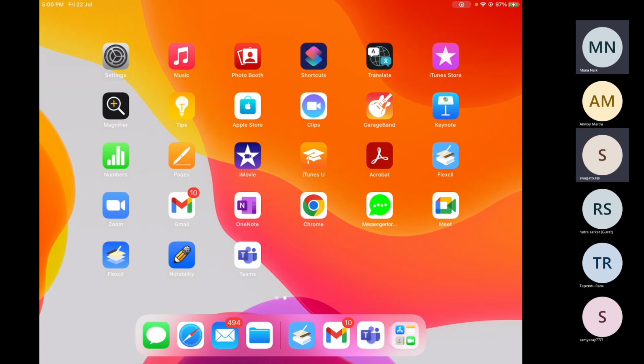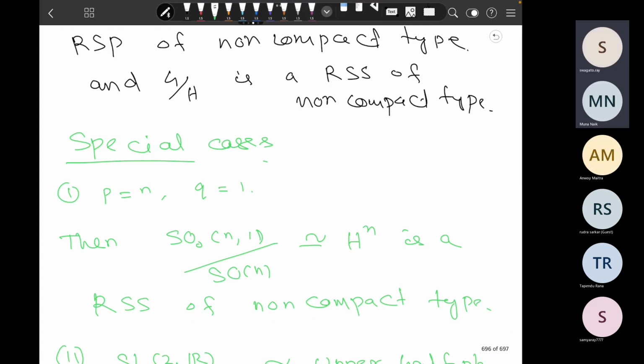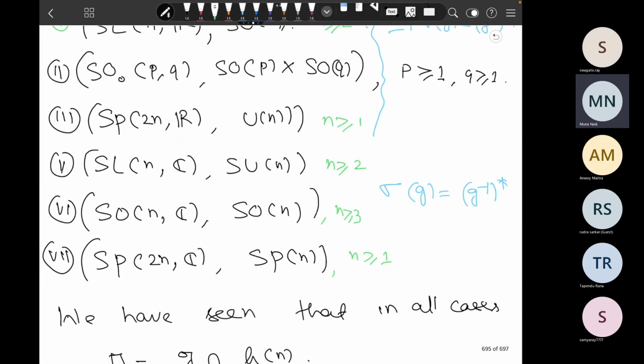Are you going to prove that if G is a real semi-simple Lie algebra, then its complexification will always have a compact real form? Well, I can do that, but I am not going to now, as it is not in my plan. But if you want, then I can do one or two lectures. I think if you do that, then many of these examples will get tied up together.